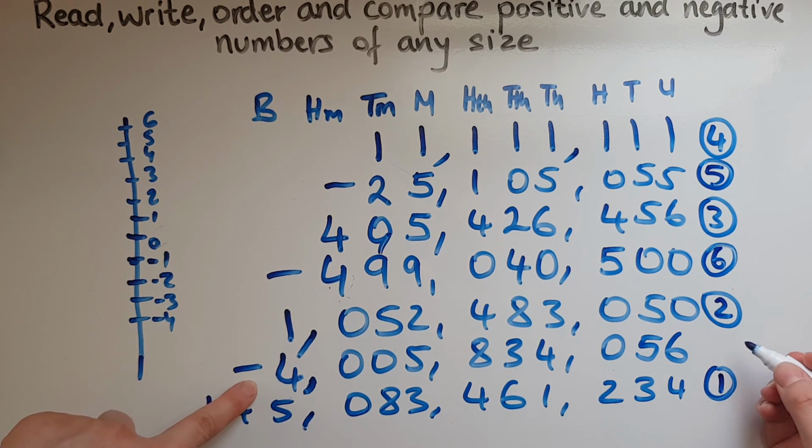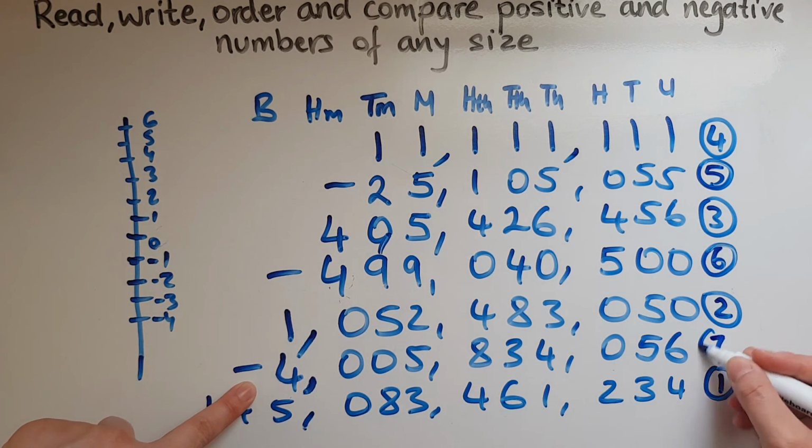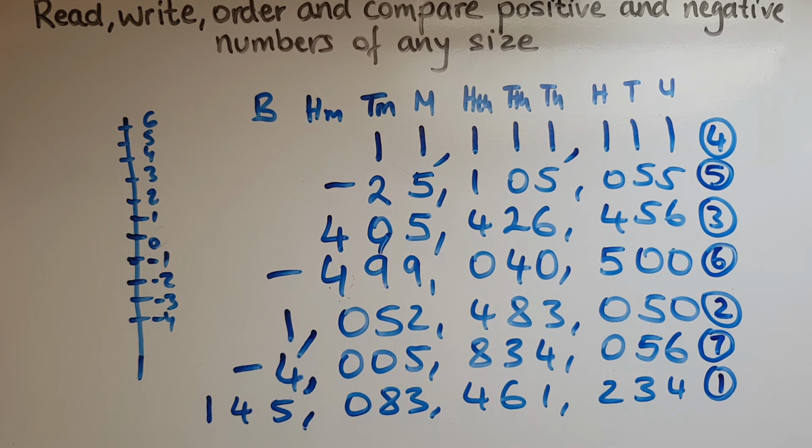And finally it's this number here, which we read as -4,5,834,056. So for negative numbers, we reverse the process when we find the biggest number. We're looking at the smallest digit or the number with the fewest digits.